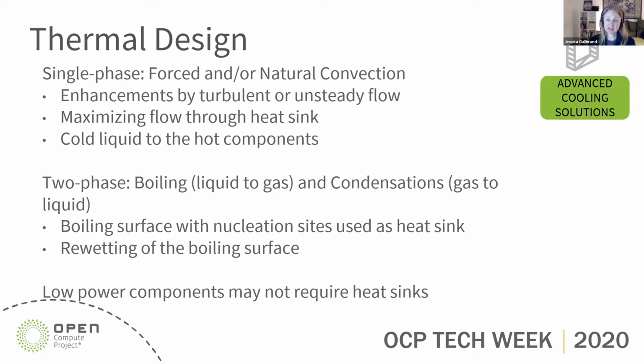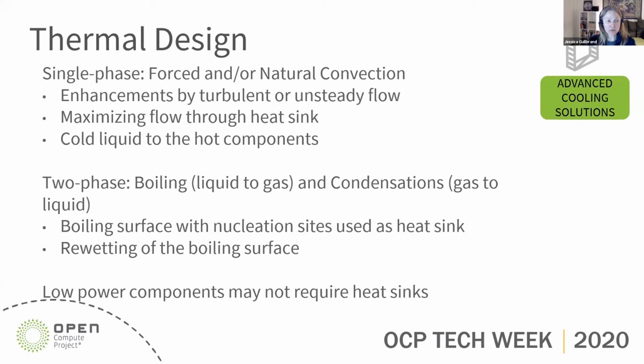If you have forced, you also have natural convection in your solution. So making sure that they work together for the optimal solution is really preferred. You can enhance that convection or the cooling capability by either increasing the flow rate to generate more of a turbulent flow, or potentially unsteady. A turbulent flow you might not be able to get, just due to the viscosity that you're dealing with in these liquids when you're comparing to traditionally used air cooling.